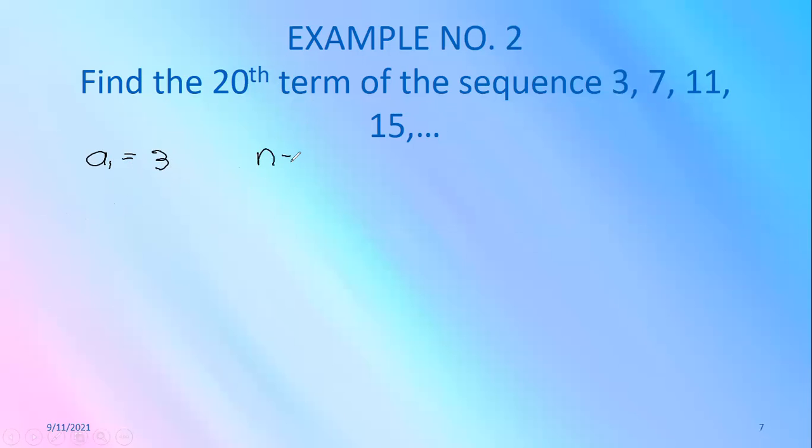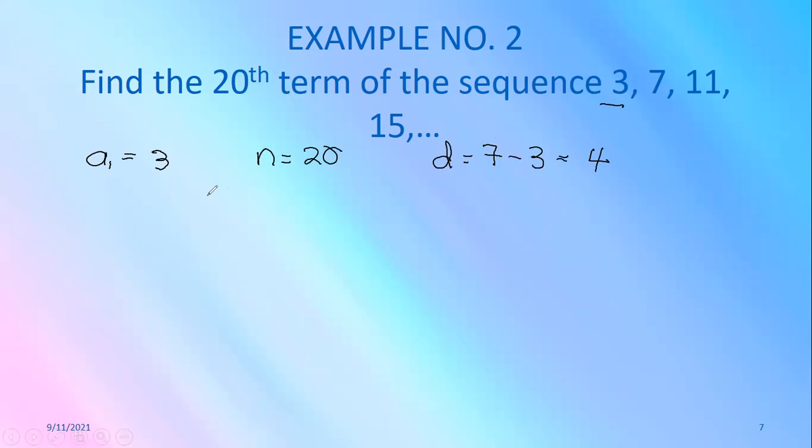Number of terms, of course, that's 20. Common difference, again, how to get the difference. Subtract the first term from the second term, or the second term from the third term, and so on and so forth. So this will be 7 minus 3. So that's equal to 4.